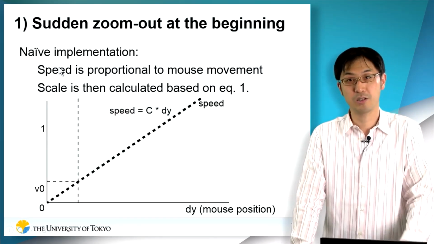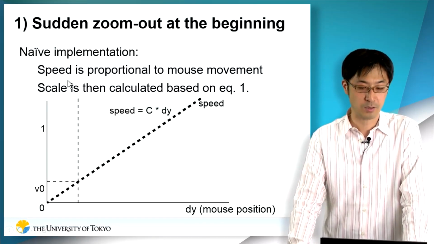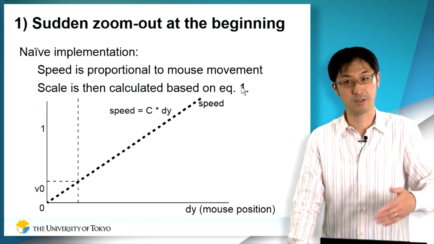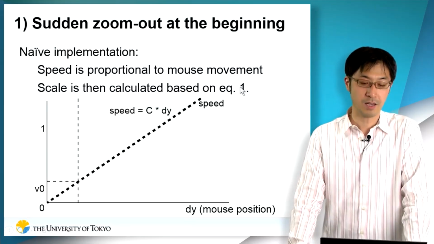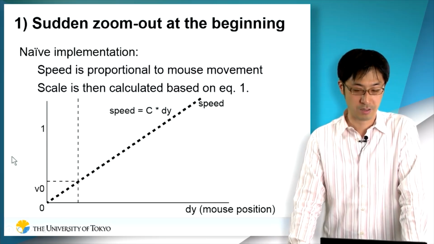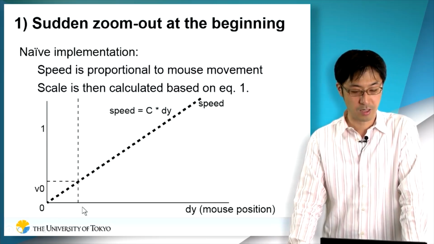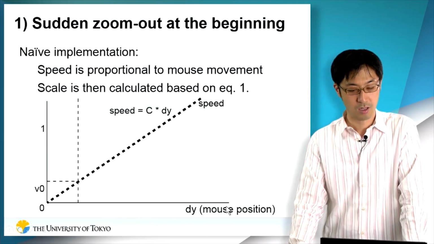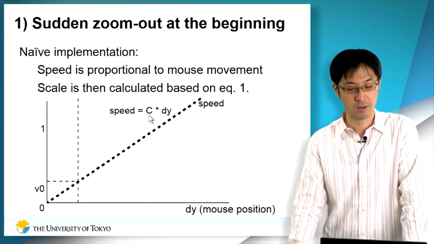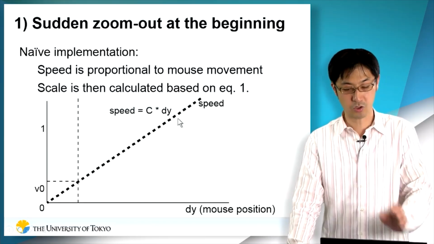The naive implementation of this technique is, first, we set speed proportional to mouse movement as in standard rate-based scrolling. And then scale is calculated based on equation 1. So here's a diagram. You change the mouse position, and then speed linearly increases based on this equation: speed equals a constant times dy, the mouse position.